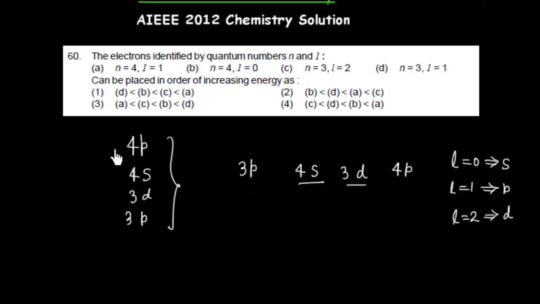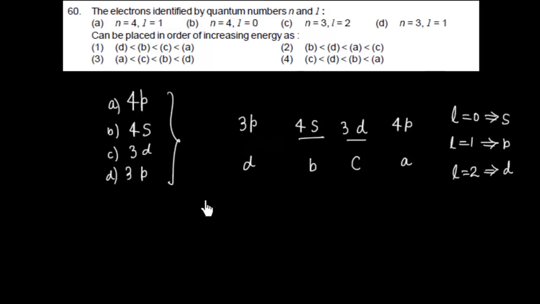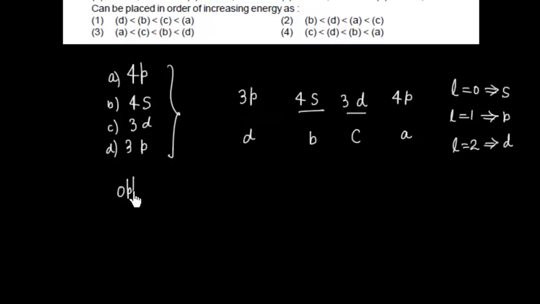So 4p is A, 3d is C, 4s is B, and 3p is D. So the increasing energy order is DBCA. So option A is the correct option. So option 1 in this case is the correct answer.